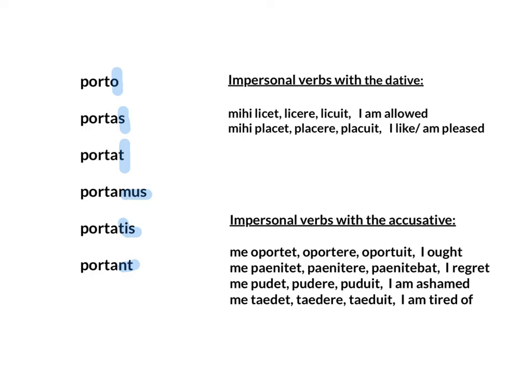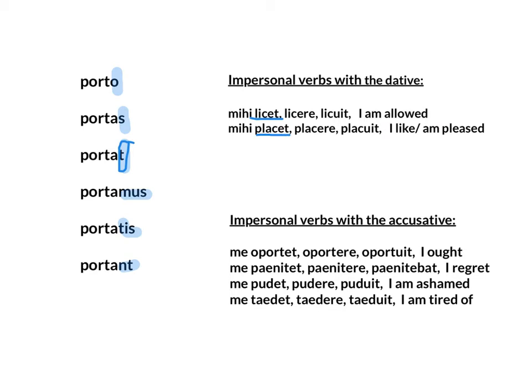Impersonal verbs don't have all these person endings, they're only used in the third person singular, and that is the ending t. The t ending is for he or she or it. So think of these impersonal verbs as meaning it is allowed, this one, or it is pleasing, placet.